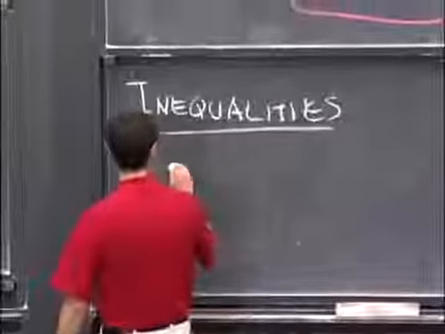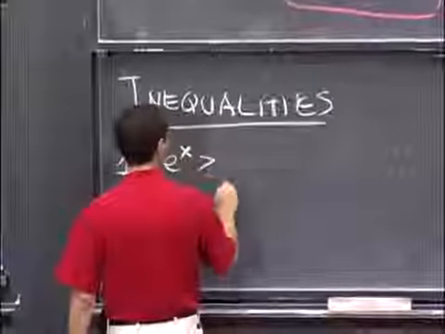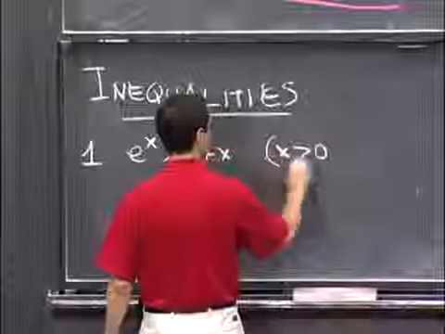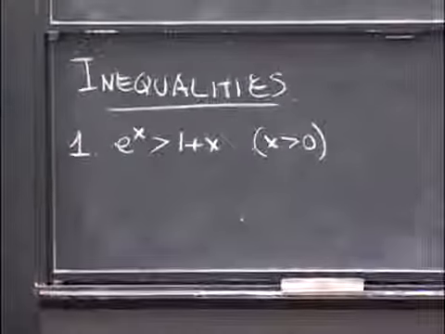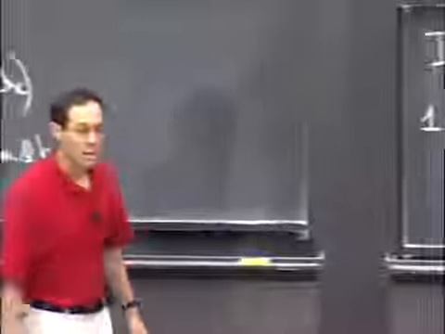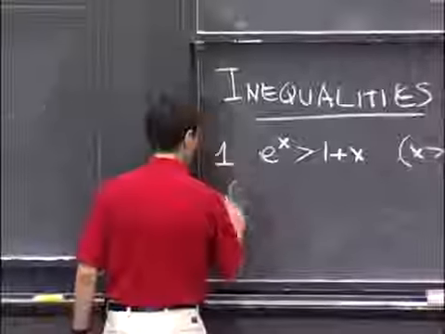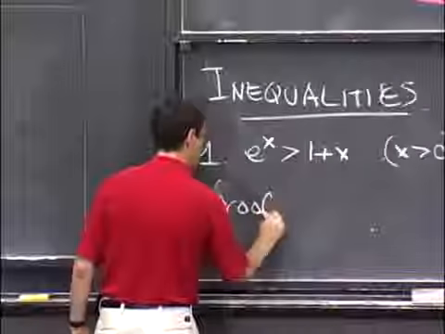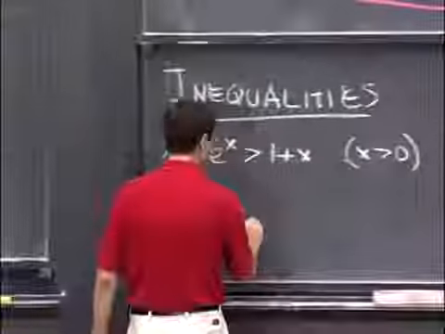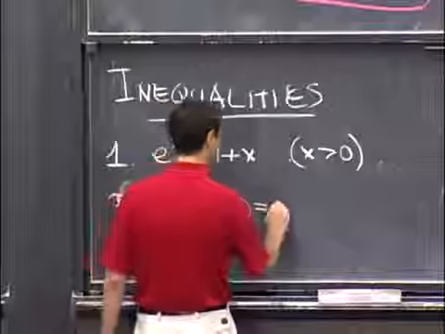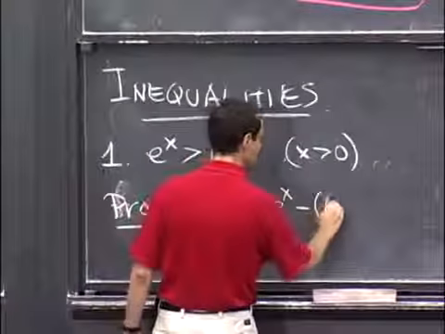Here's an example. e^x is greater than 1 plus x for x greater than 0. The proof is the following. I consider the function f(x), which is the difference, e^x minus (1 plus x).